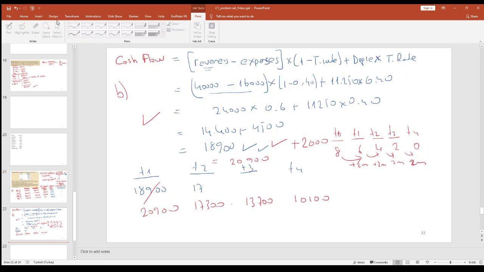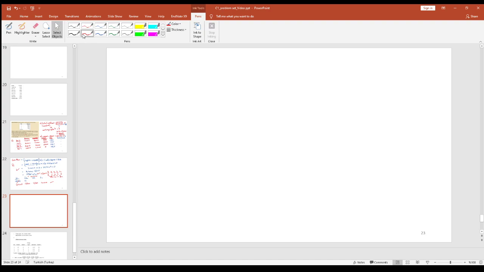Let's calculate. Now we have cash flows, and I'm ready to calculate net present value. Net present value, remember, equals your all discounted investment plus you need to calculate your all discounted cash flow.